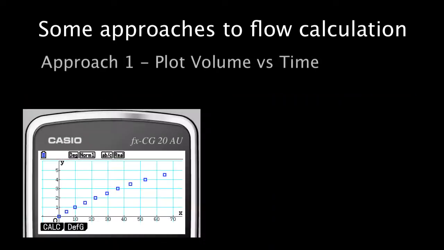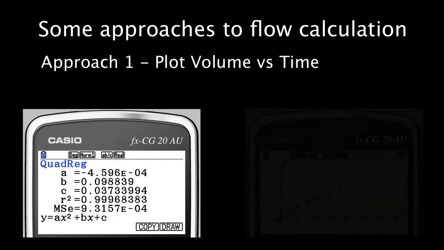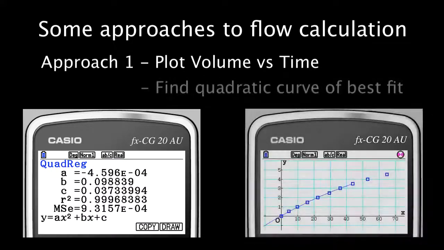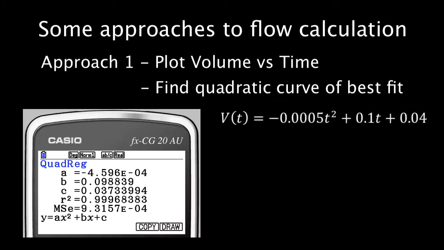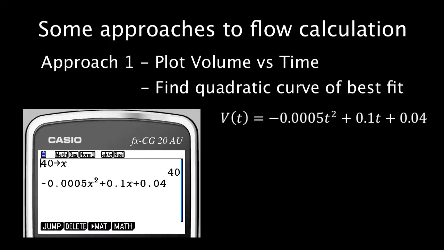Approach 1 starts by making a plot of volume versus time and finding the quadratic curve of best fit. In this case, V of t is equal to negative 0.0005 t squared plus 0.1 t plus 0.04, and then finding V of 40.